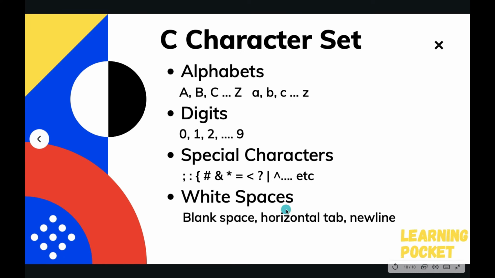And then we have white spaces. White spaces include a blank space, which is generated by just the space bar, then a horizontal tab, which is nothing but 4 horizontal spaces, and then the new line character that shifts our cursor to a new line.